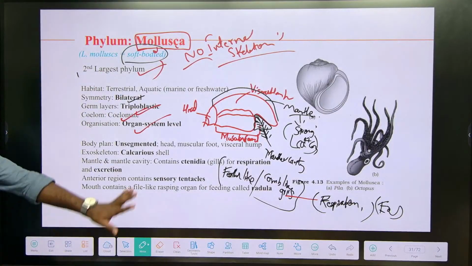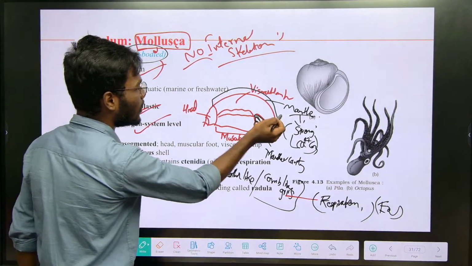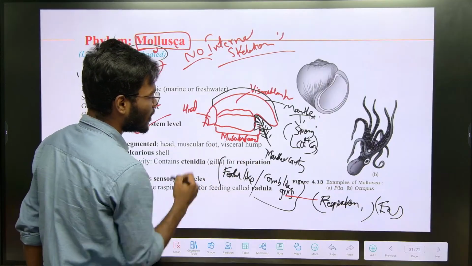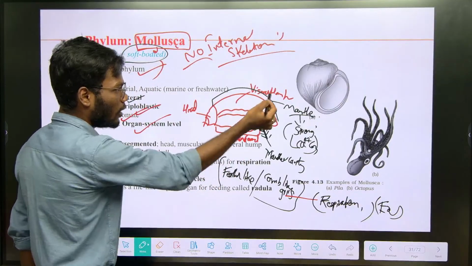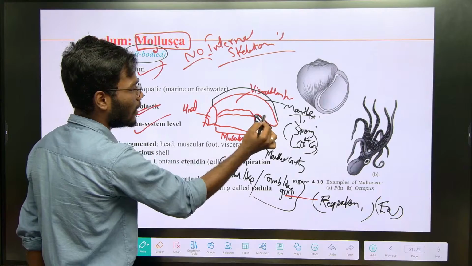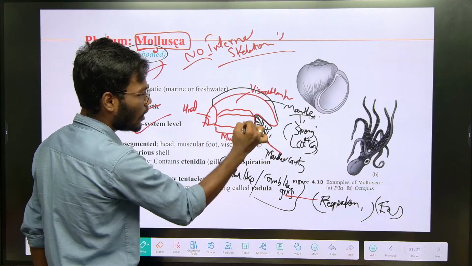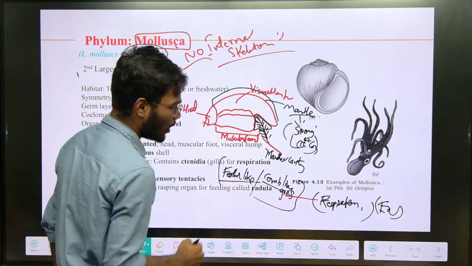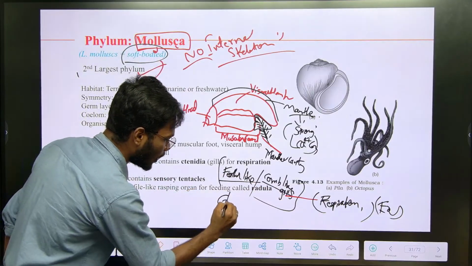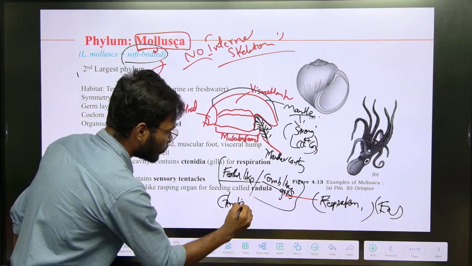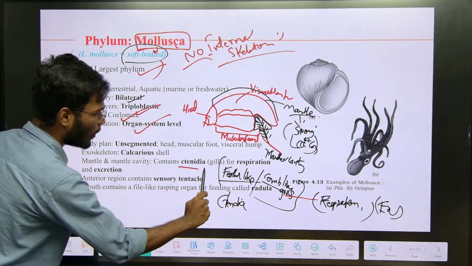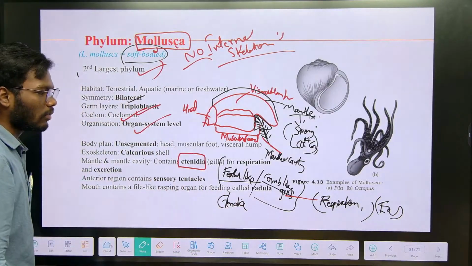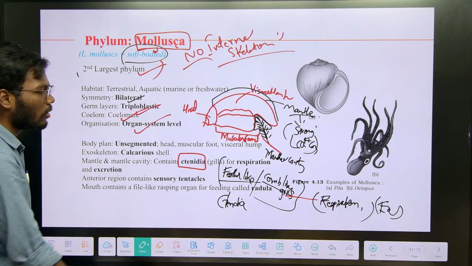Understand? So in molluscans, there is a mantle, a visceral hump, a muscular foot and a head. In between the visceral hump and mantle, there is a mantle cavity. In this mantle cavity, there are feather-like or comb-like gills which are called ctenidia.